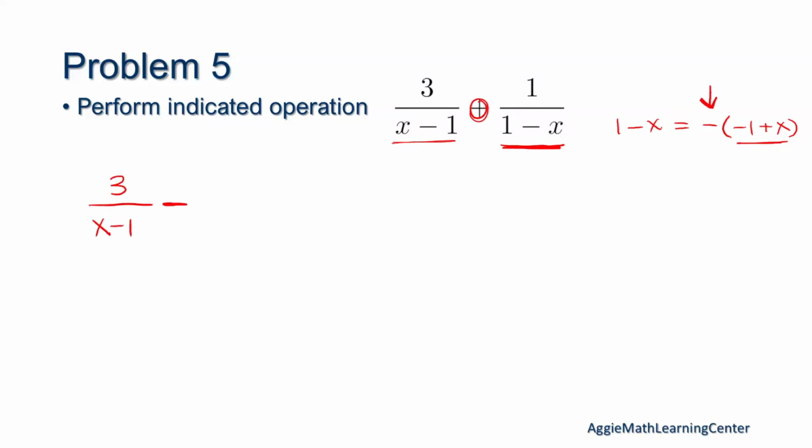Okay, and then I have this inside portion still, which is on the numerator. So I have x minus 1. So now I have the same denominator, so I can just subtract straight across with the numerator. So 3 minus 1 is 2 over x minus 1. Do you have any questions about that one?